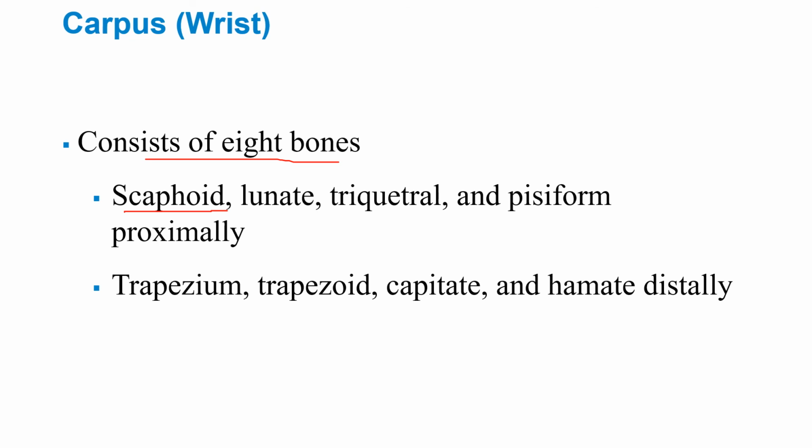So there's a mnemonic to learn these, and it's kind of a silly mnemonic, using navicula instead of scaphoid. I did not make this up, but it's easy for me to remember because it's so silly. So imagine this is navicula: N-L-T-P for the first one.